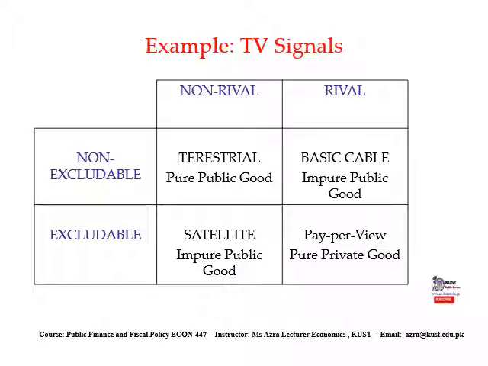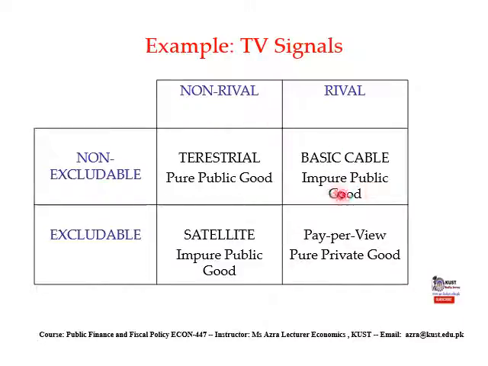This is an example. Here you can see that TV signals are categorized as non-excludable, excludable, non-rival, rival. You can see pure public good, impure public good, and pay-per-view, pure private good. How? Here you can see that pure public good is non-excludable, non-rival.